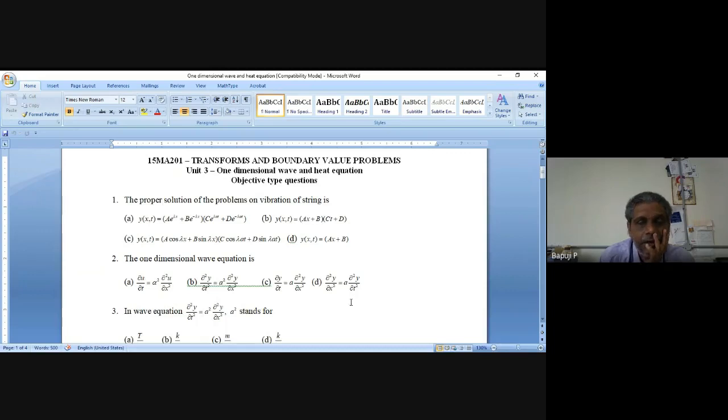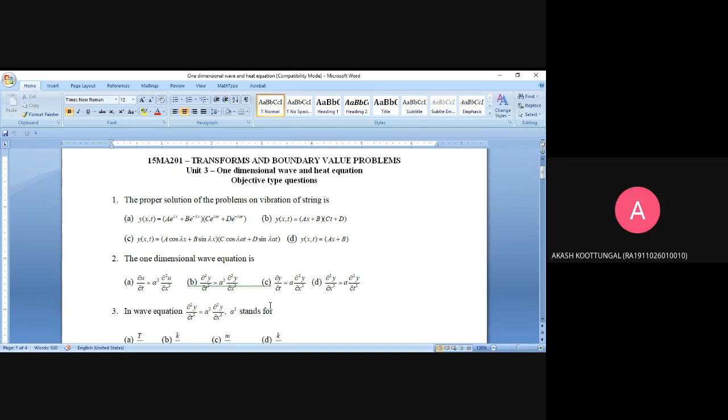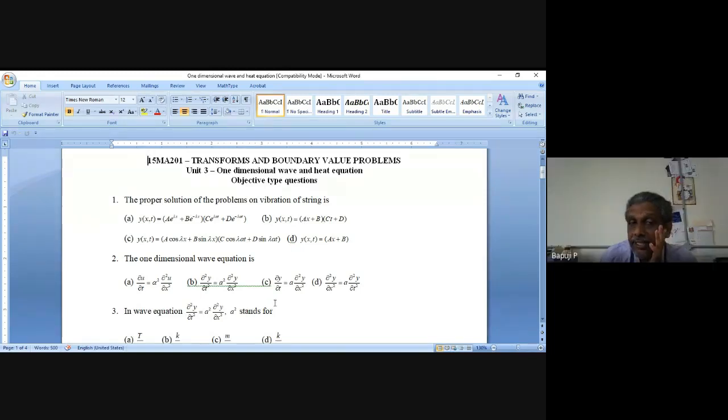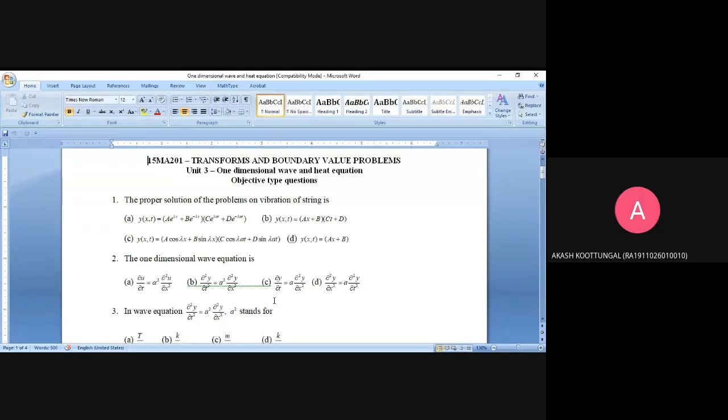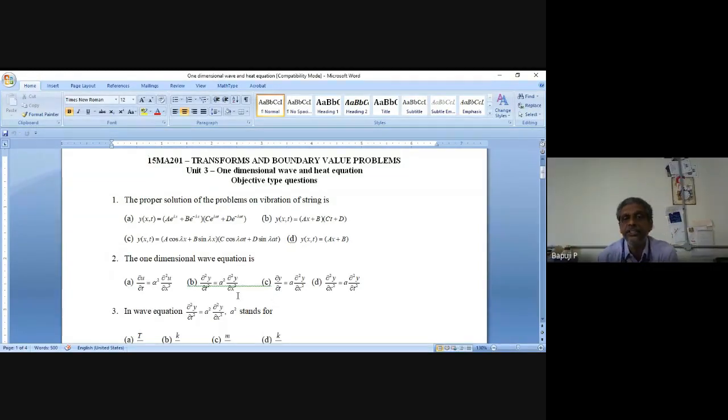Not D. B, sir. So B is correct. Actually, with t there is no coefficient like this.